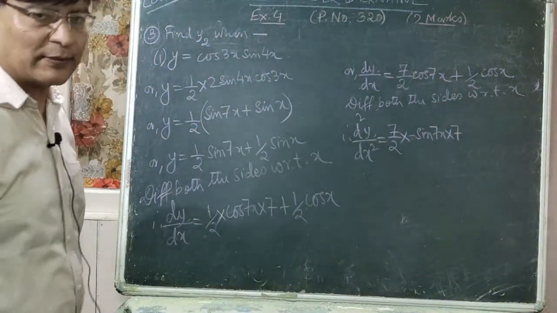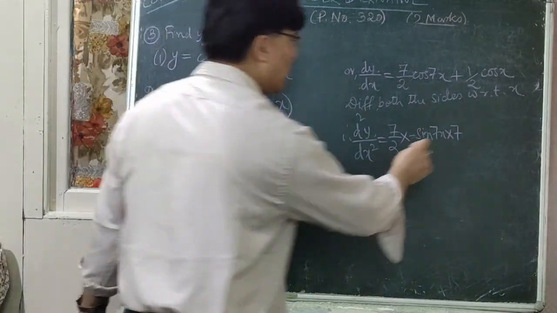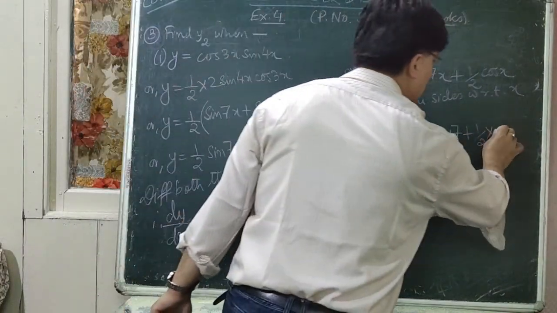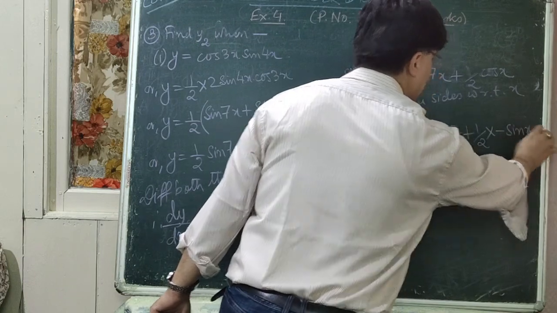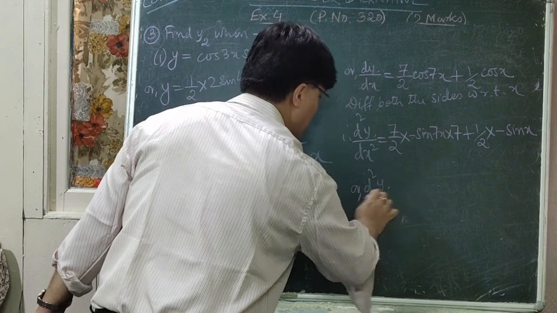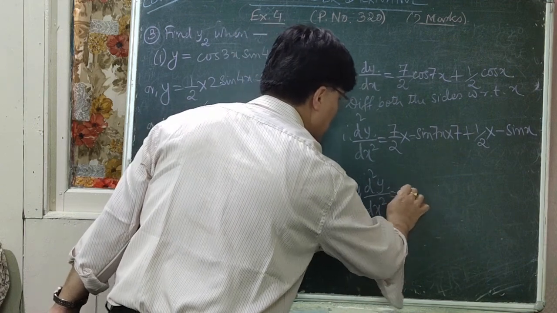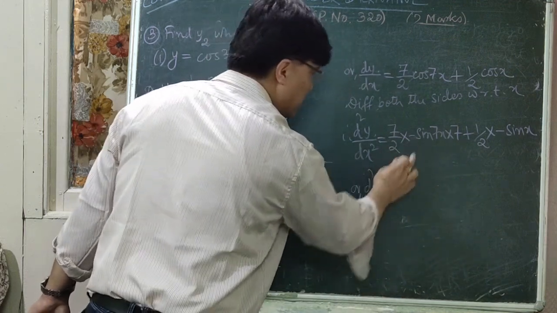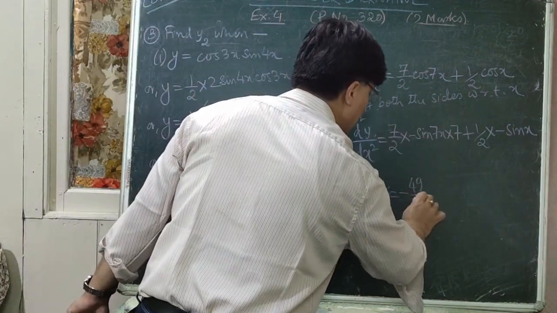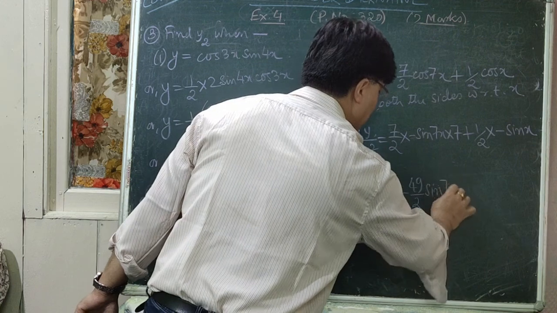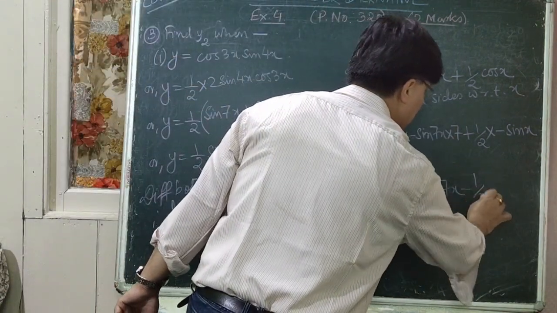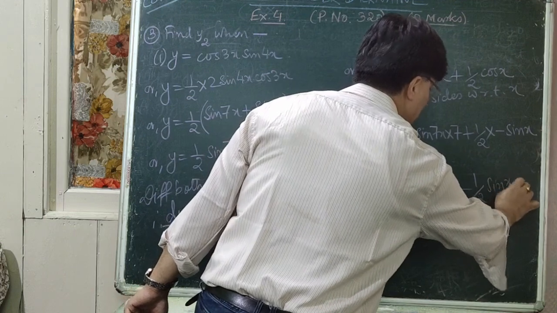Again you have to differentiate 7x with respect to x, that is 7, plus half into, what is the differentiation of cos x? It is minus sine x, right? So d2y by dx square is equal to minus 7 sevens are 49 divided by 2 sine 7x, then plus into minus, this is half sine x.